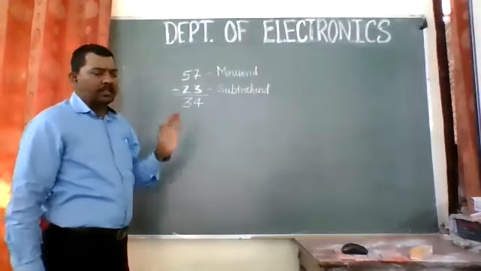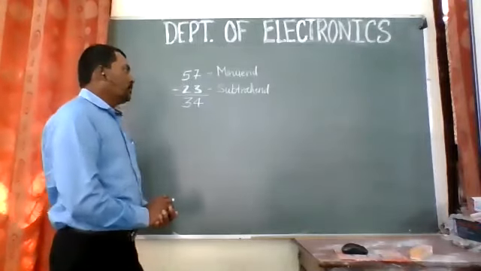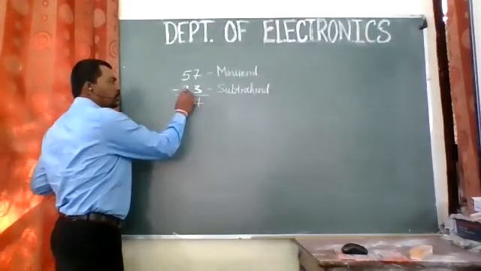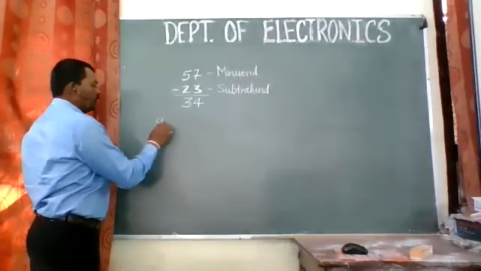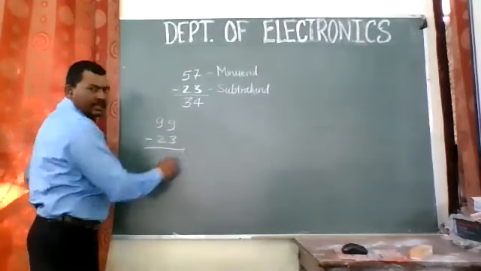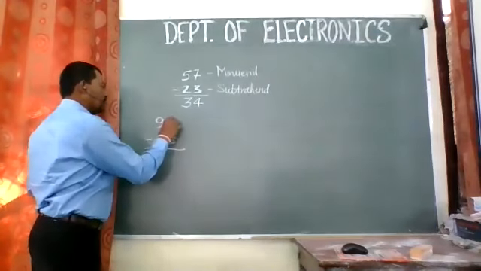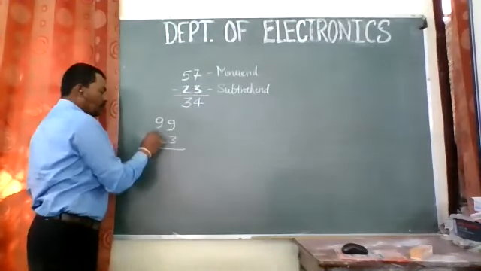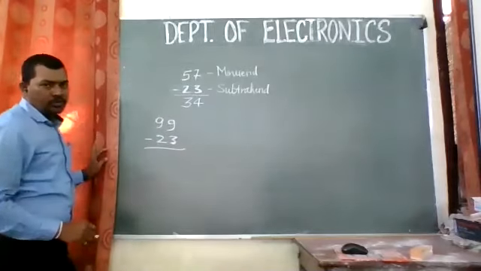We will try another method, which we call the nines and tens complement method. In the nines complement method, we make the nines complement of the subtrahend. For doing this, we subtract this number 23 from 99. Whatever result we get by subtracting 23, the subtrahend, from 99, we call the nines complement.